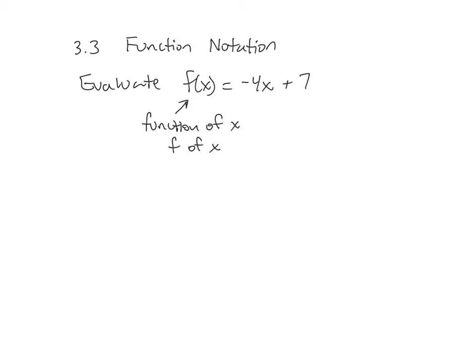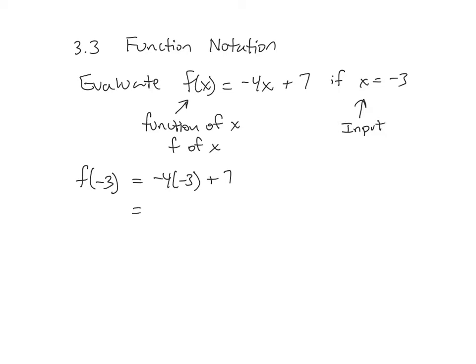So when it says evaluate f of x, and then it'll say if x equals -3, it's asking us to input -3 where the x is. And so the way you would write it is you would put f of -3, and then you also put a -3 where the x is.